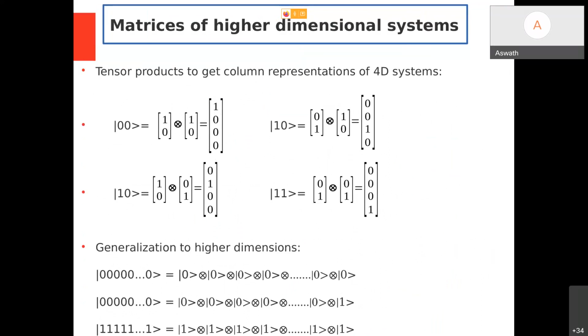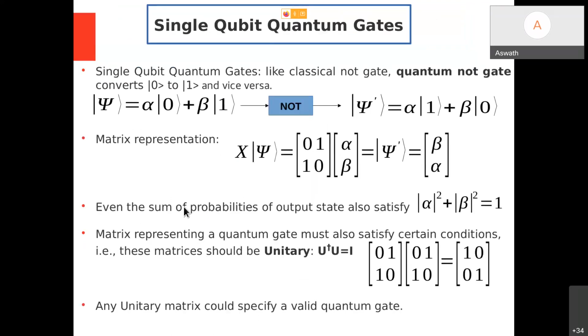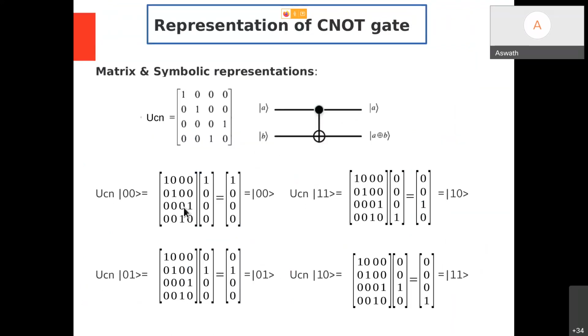Similarly, you can see for an n-dimensional quantum system, all zeros followed by 1 would be the corresponding quantum state. So the C0 gate operation you can just cross check with this matrix on the corresponding column representations of the 4-dimensional quantum basis, and you will get that.